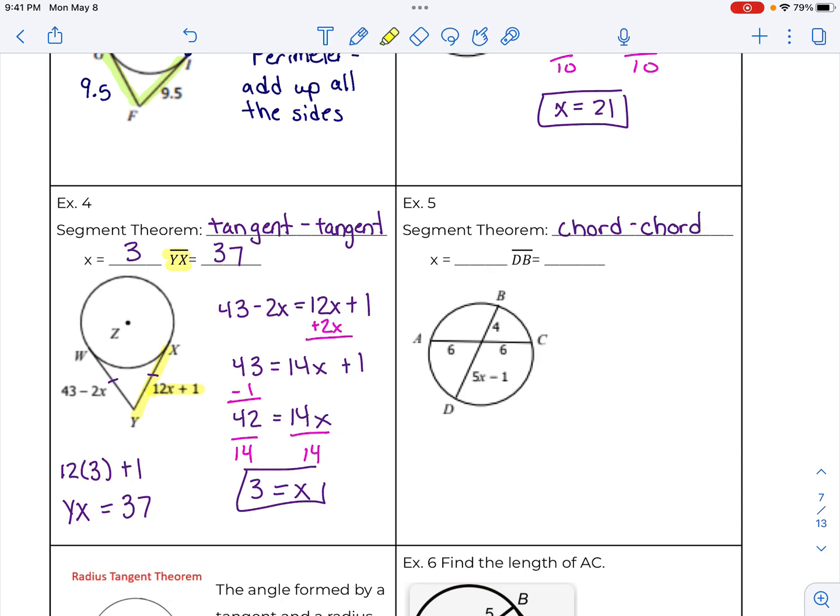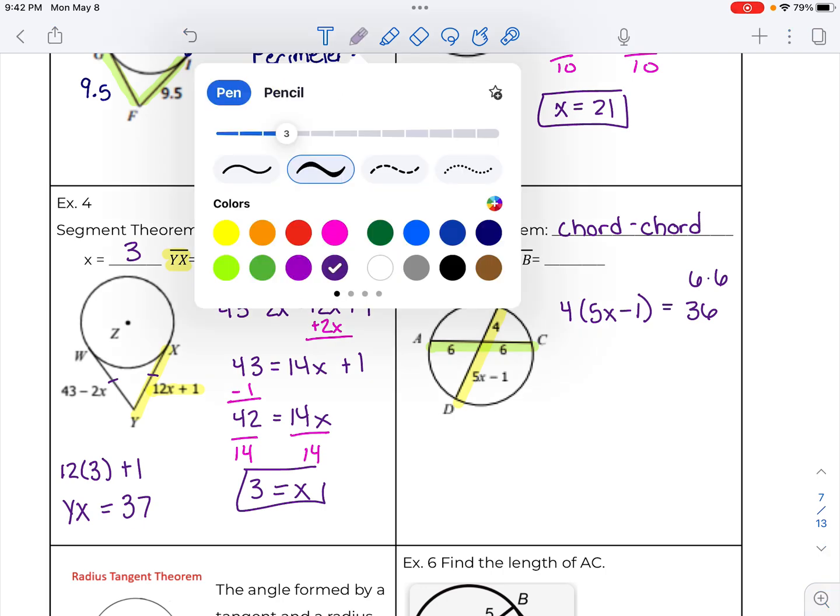So one chord, if I multiply these two things together, it would look like 4 times 5x minus 1. If you ever have a plus and a minus, you want to make sure that you put it in parentheses. And the other direction, I would say the other chord would be the 6 times 6. So you can either write 6 times 6, or multiply that in your head, 6 times 6 gives us 36. Okay, this one is a little bit harder than the last one because we don't just have one step to do.